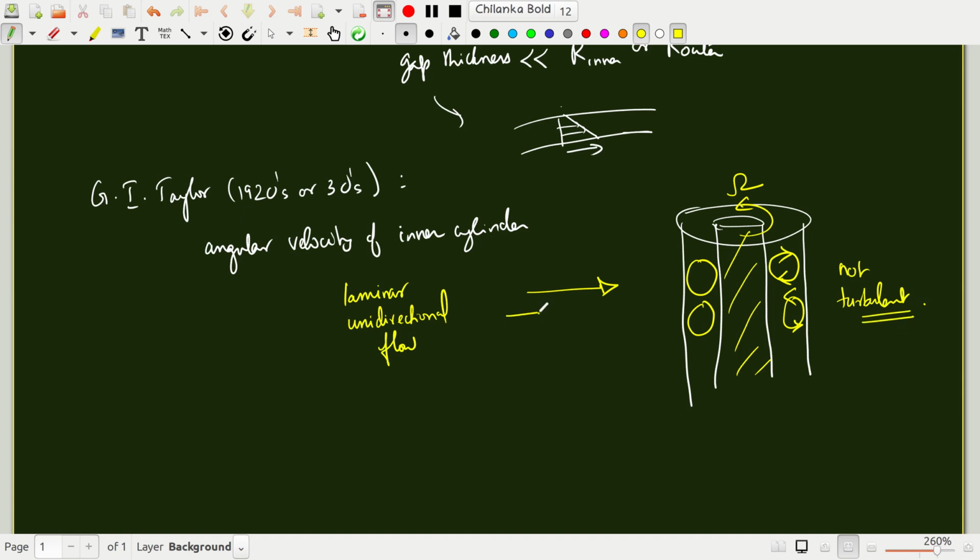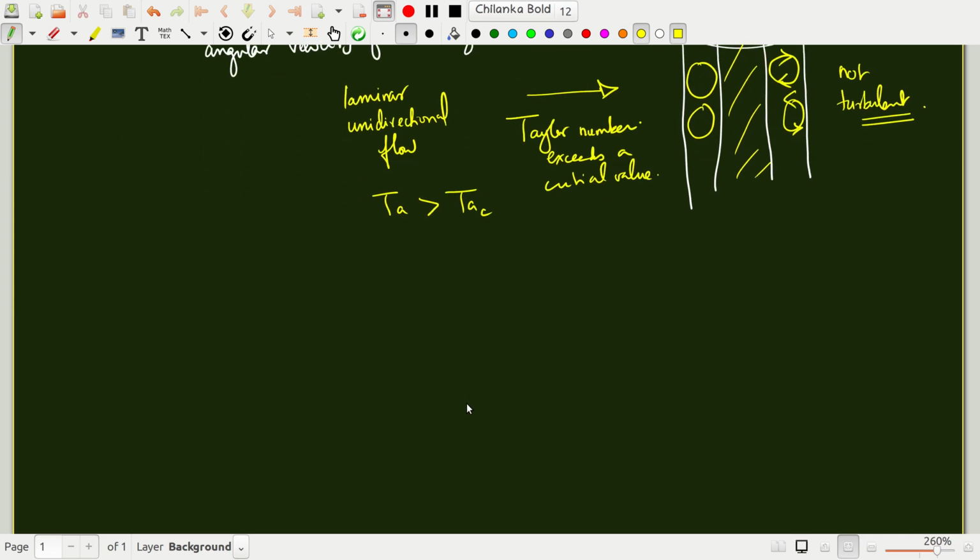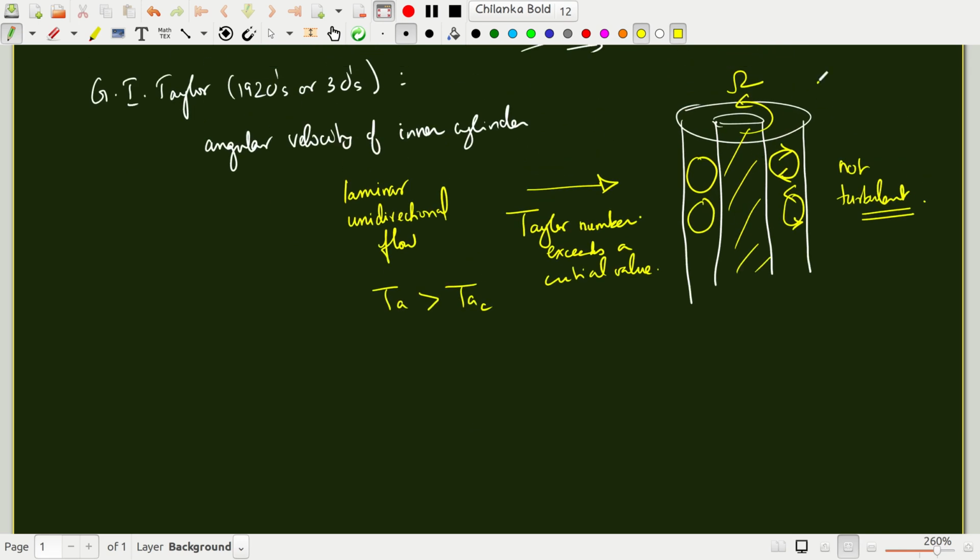Okay, this happens when the so-called Taylor number exceeds a critical value. Okay, the Taylor number is denoted as Ta. Okay, these are called Taylor rolls or Taylor cells.